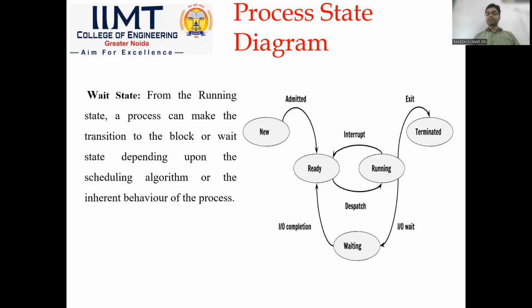Now the third one is the wait state. As I have told you, wait state means that from the running state, a process can make a transition to the block or wait state, depending upon the scheduling algorithm, or we can say the inherent behavior of the process. Any process, as I told you previously, may want some kind of IO need.